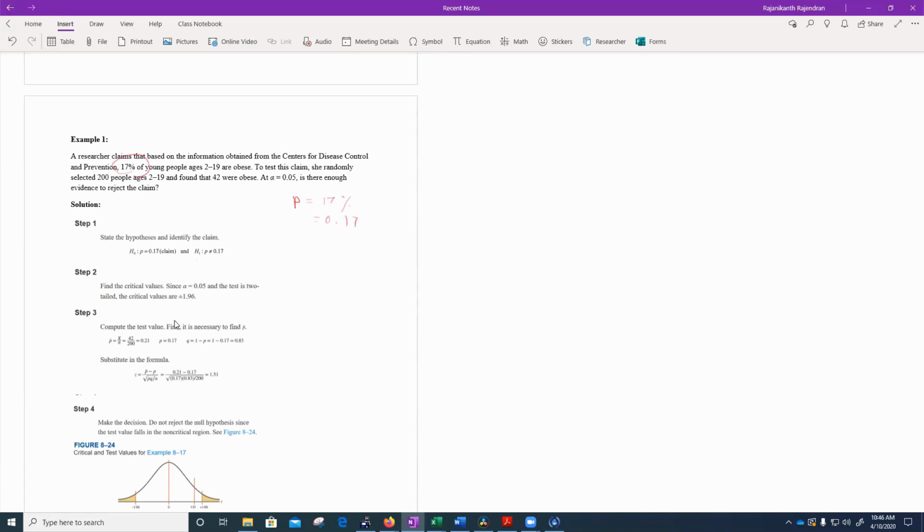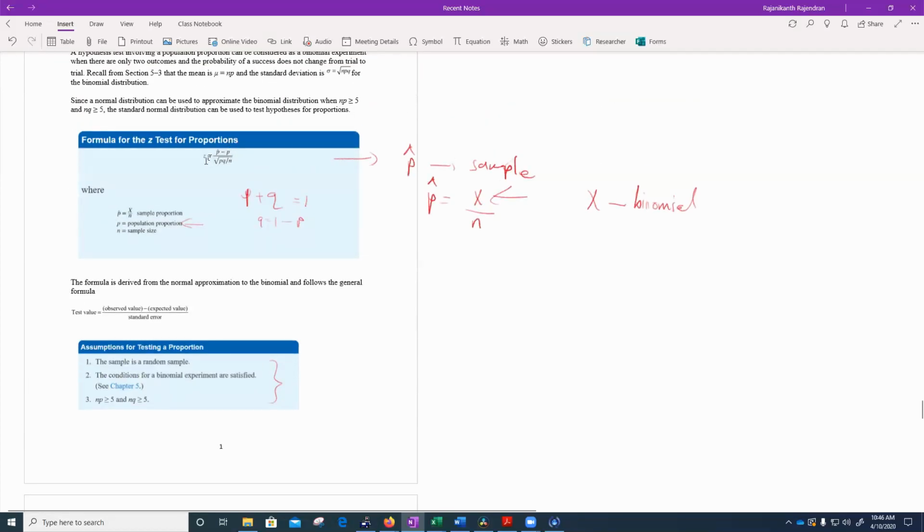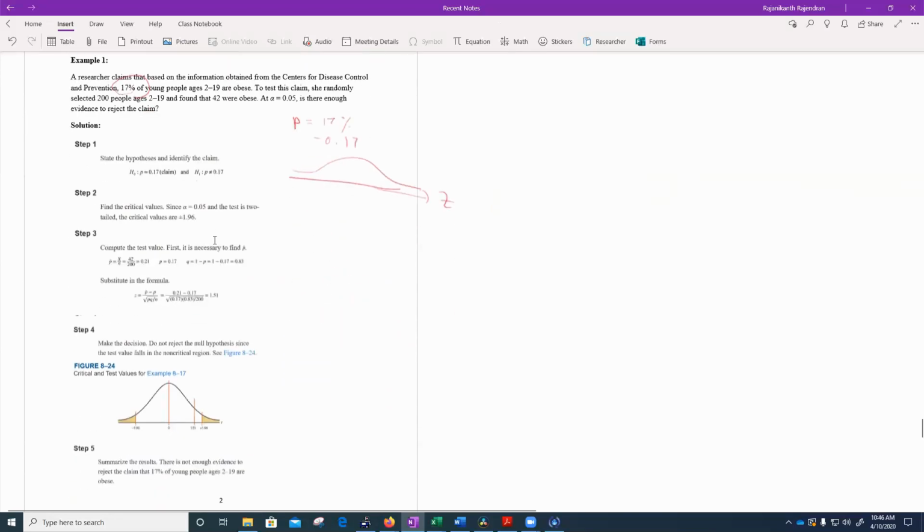Okay, so find the critical values. Remember, we are now using a z test value. You see the letter z here, because this is the z distribution and these are all the values.